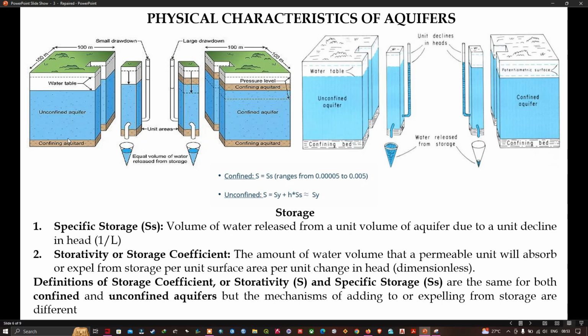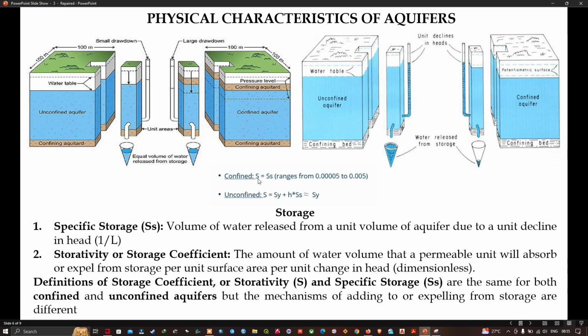So let me explain it one more time. The confined aquifer is really under pressure and has no gravity effects on it. So in the unconfined aquifer, we can say that the storativity is the specific yield, while in the confined aquifer, the storativity is the specific storage.